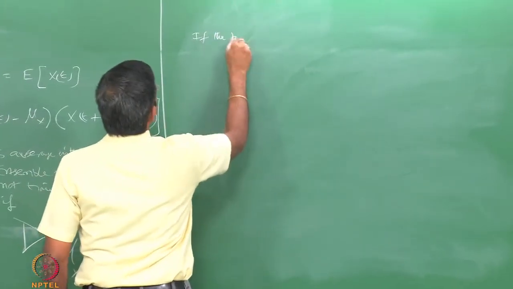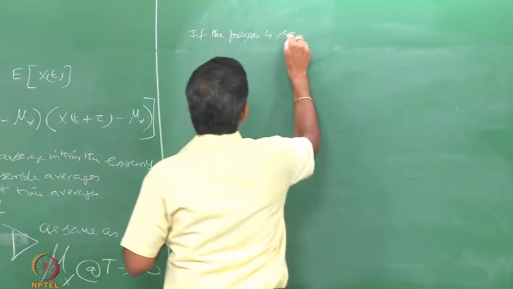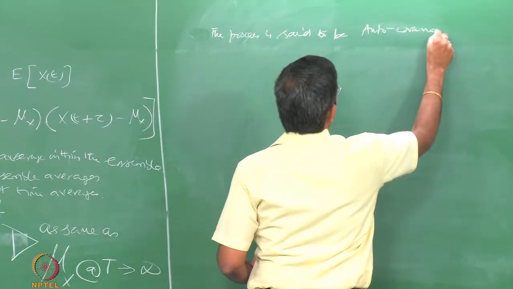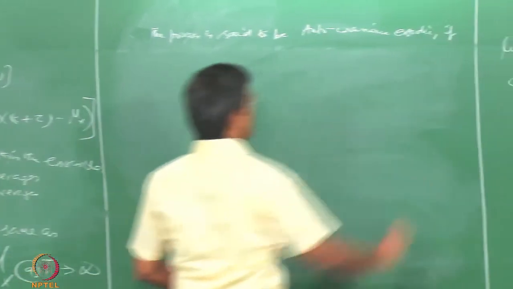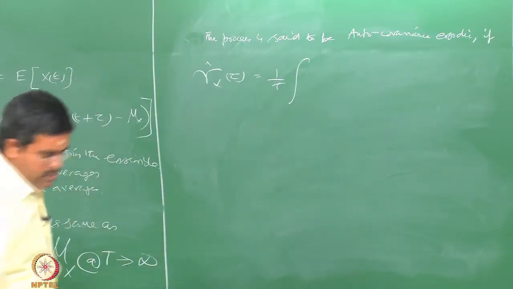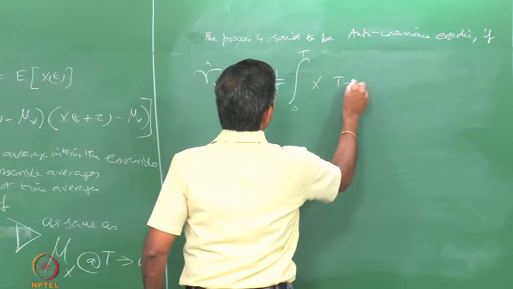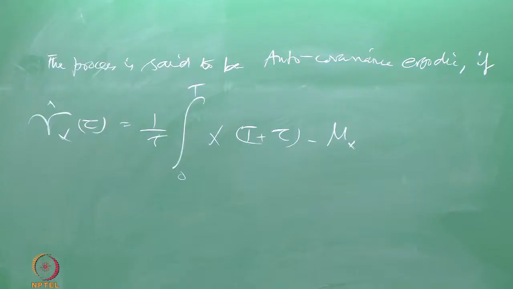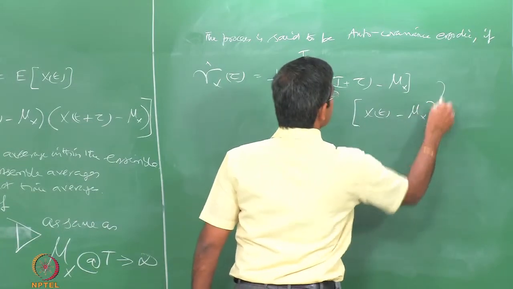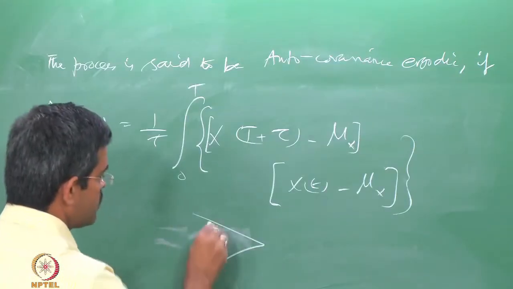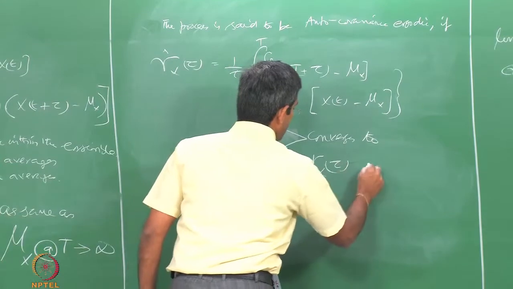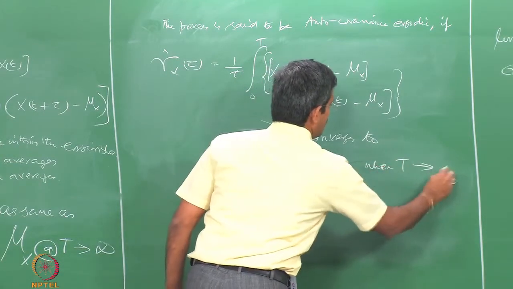Similarly, the process is said to be autocovariance ergodic if gamma x of tau hat, which is a time average over the record length T of x of t plus tau minus mu x, multiplied by x of t minus mu x, converges to gamma of x tau when T tends to infinity.